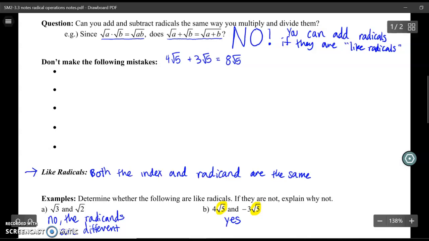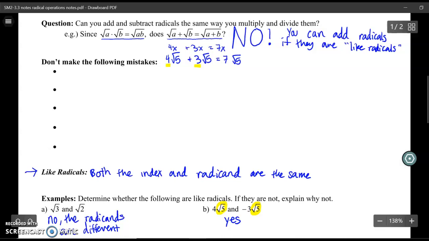You can think about it like an x, like that square root of 5 is an x. If you have 4x plus 3x, you're going to get 8x. Oh man, not 8. How embarrassing. 4 plus 3 is 7. You're going to get 7x, or 7 square roots of 5. So the key here is that you're only adding the numbers that are in front of the radical together.